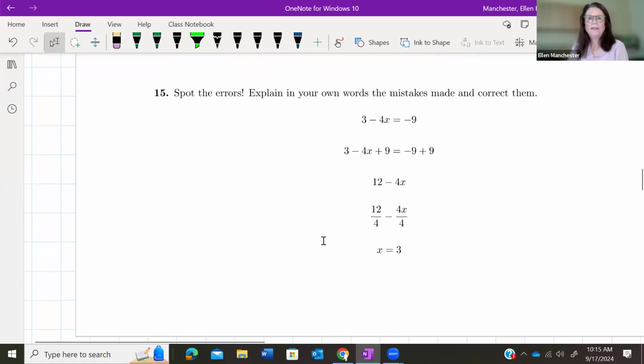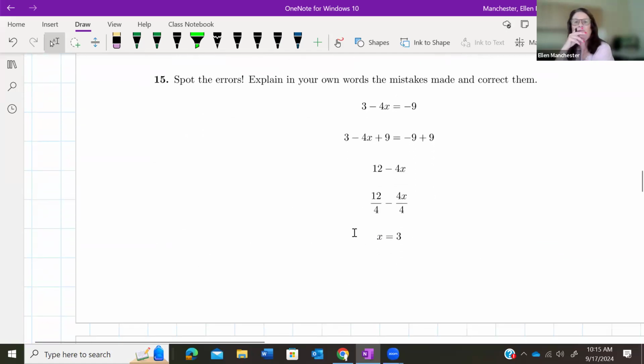Okay, spot the error. Number 15. And anyone in Zoom can answer too. What kind of mistakes are they making?